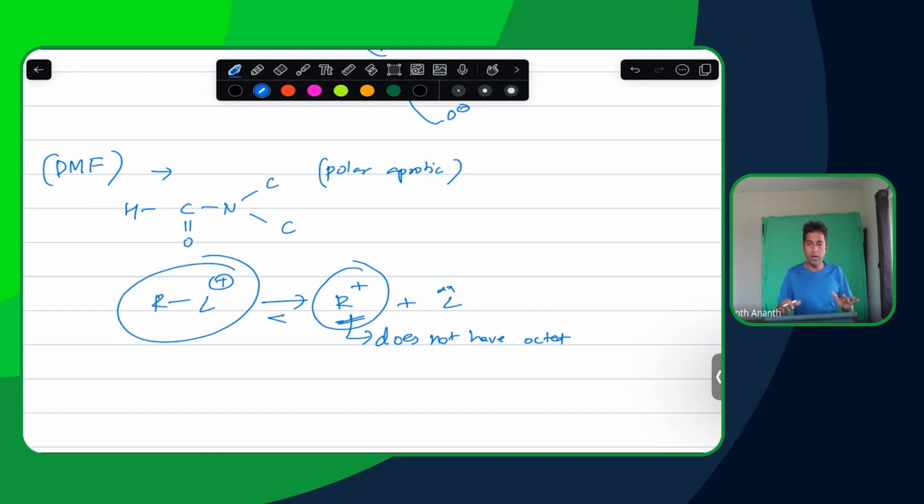In that equilibrium, I'm going to be having something now added in, which is benefiting both sides, reactants and products. It's giving both of them an extra benefiting factor, like an X multiplying factor. When you give both of them a multiplying factor, the one which is already more stable will benefit by a much larger margin, because the multiplying factor is what is added here. It is not an additive factor.